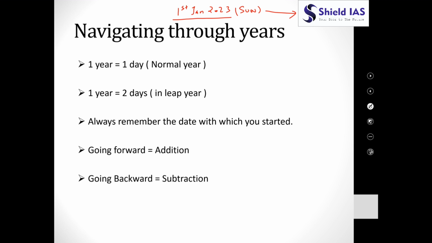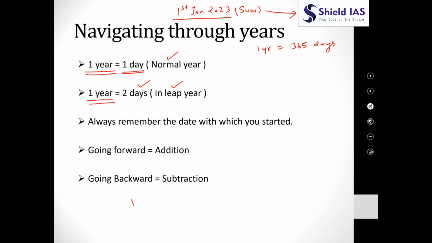So what we'll see, instead of adding 365 days, we'll only consider 1 year as 1 day if it is a normal year, right? And in case of leap year, we'll always consider 1 year to be 2 days. Yes, let us see how this is coming. In 1 year, there are 365 days.